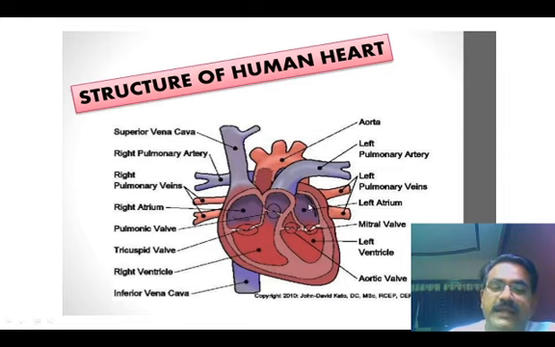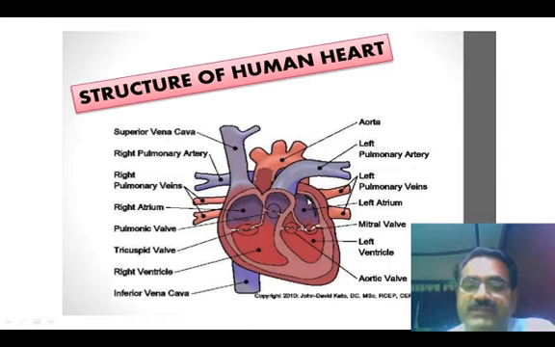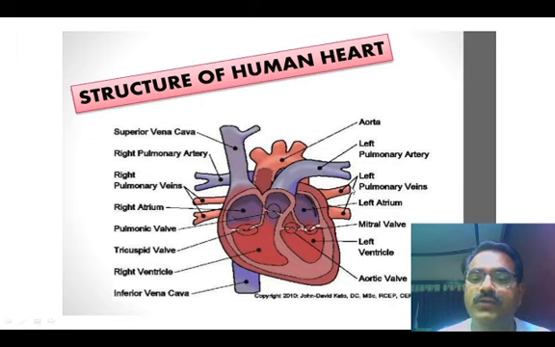Then the left auricle receives the pure blood with the help of the pulmonary veins. The left atrium receives the blood from the lungs with the help of the two pulmonary veins.